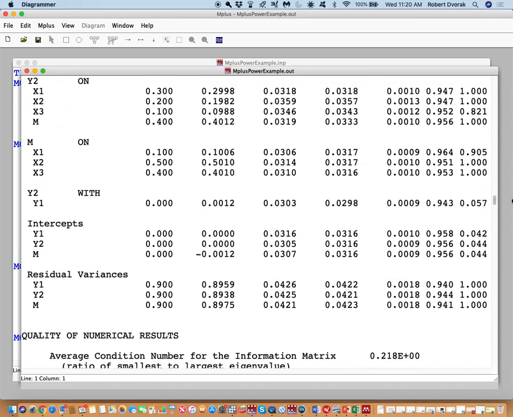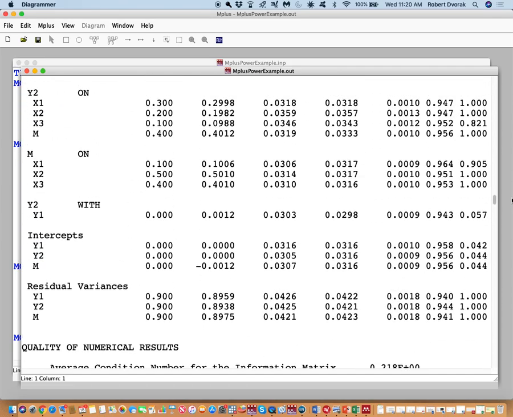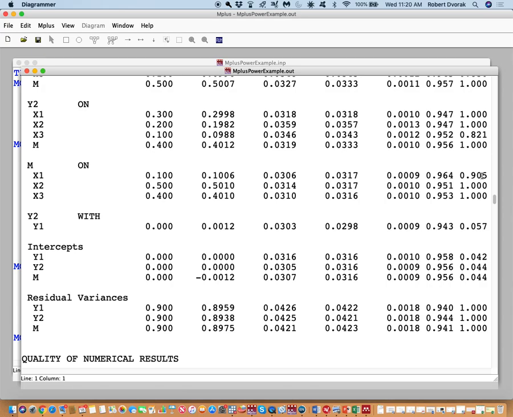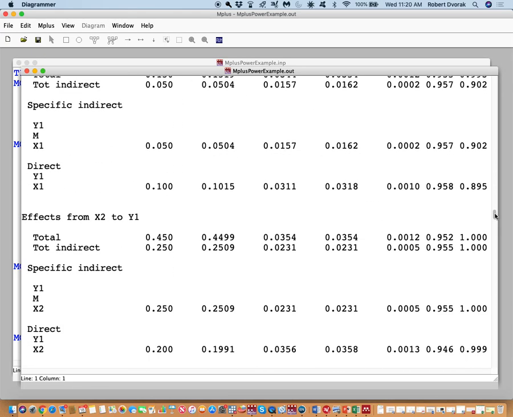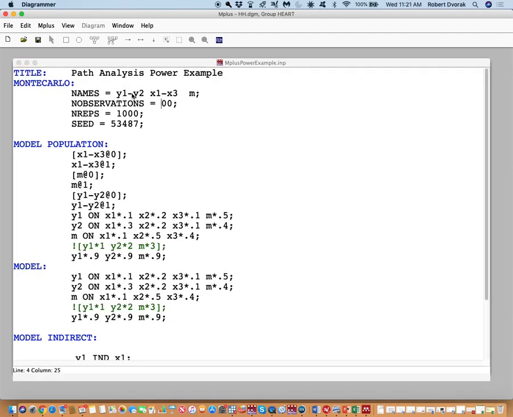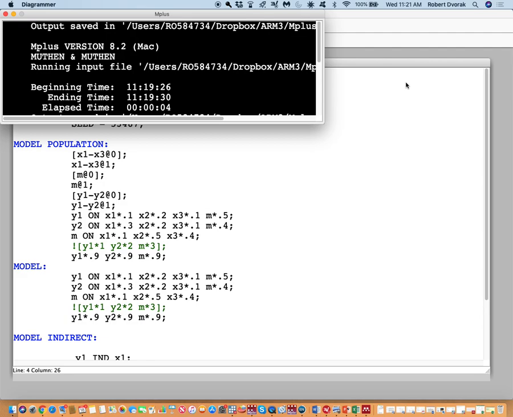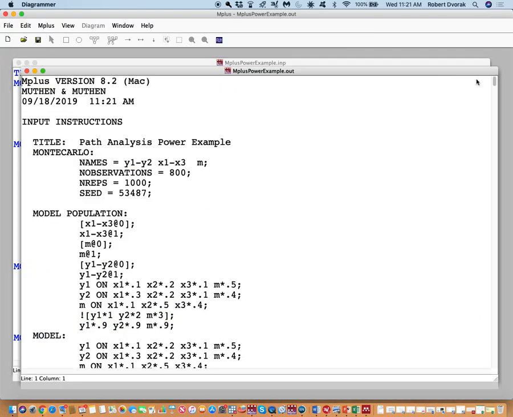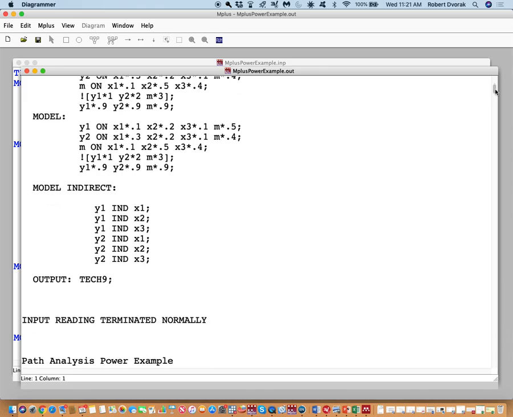Down here, we're going to check first our relationship between X1 and M, 0.9, it's still pretty good. And X1 to Y1, it's still looking pretty solid. 900 is more than what we need. 800. If you get ones in the power column, is that okay?